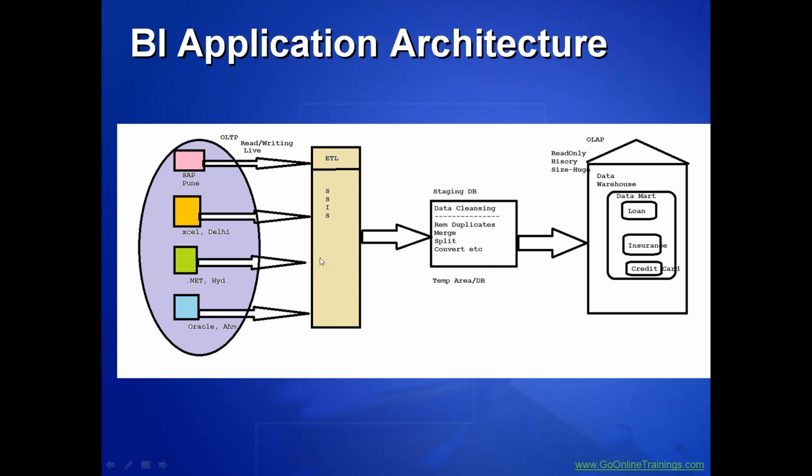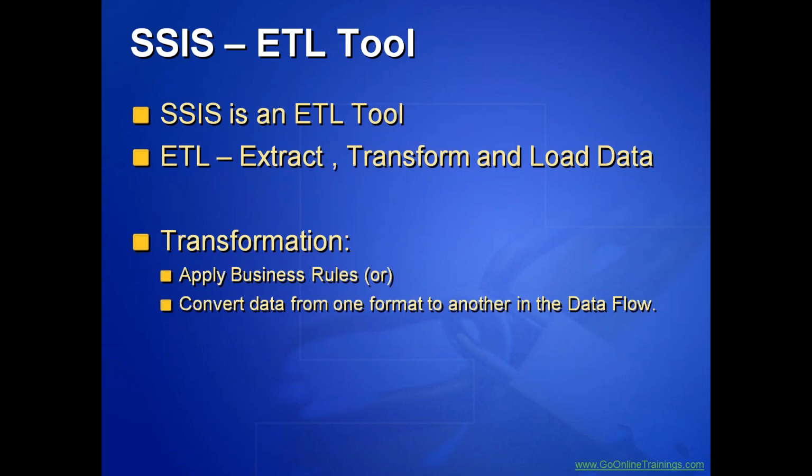That is 90% of the cases. 10% of the time you may do some transformation as well, but that is not the proper understanding of staging. Staging is a replica of the source only. You get the entire data as it is, and then you start cleaning in the staging. You don't clean while retrieving the data from the source systems. So that's my point.